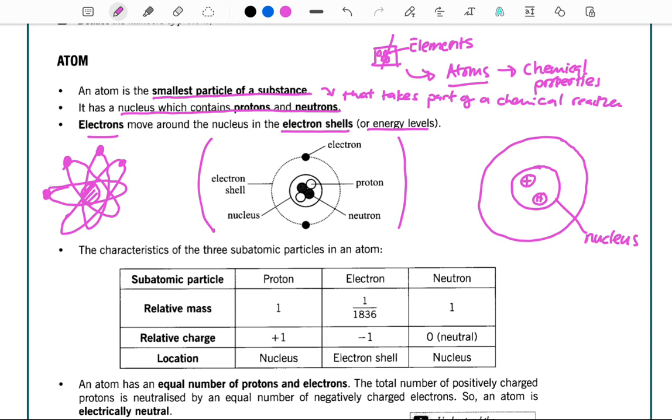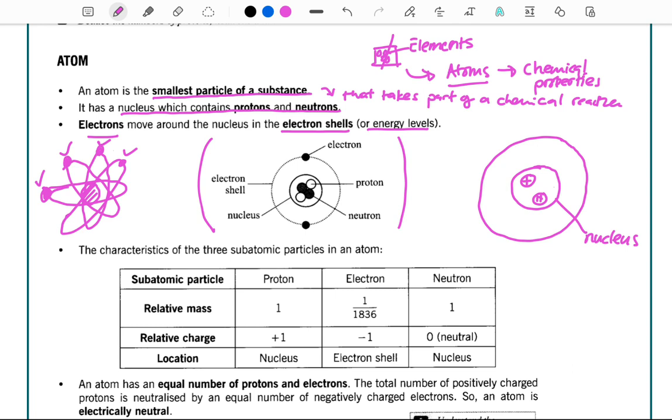But if you connect this one and this one and this one and this one, they'll somehow give you a spheric shape, which appears to be like a circle, but it's more of a sphere, which is what is surrounding the nucleus, causing the electrons to move freely around it.